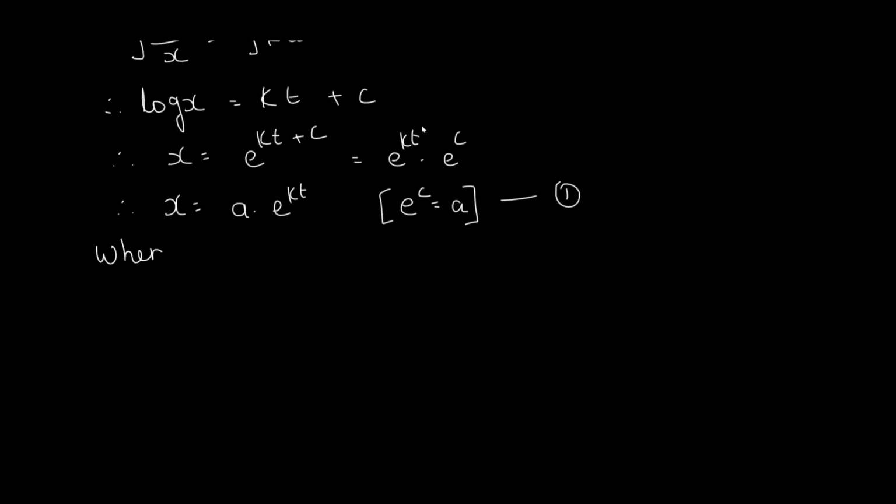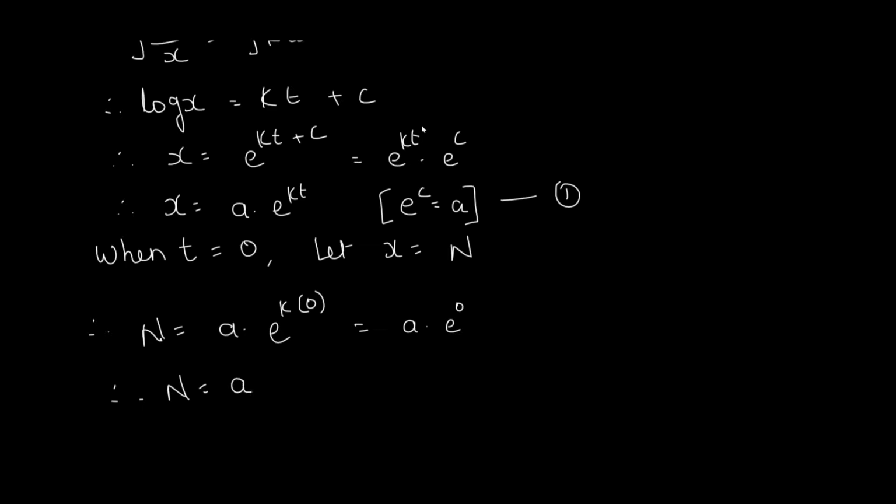When t is equal to 0, let x is equal to n. And therefore we have n is equal to, we put x as n here, so n is equal to a into e raised to k into 0, because t is 0 there. And therefore we get a into e raised to 0. You know that anything raised to 0 is 1. And therefore we have n is equal to a.